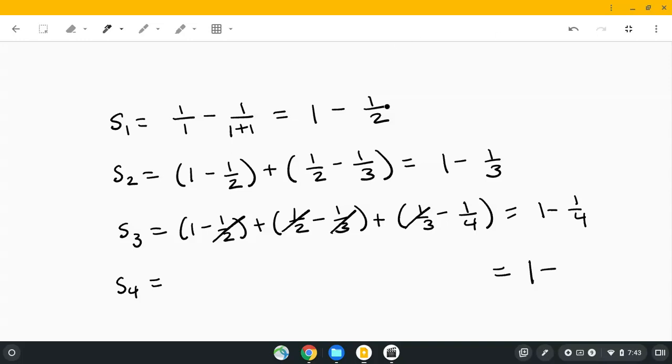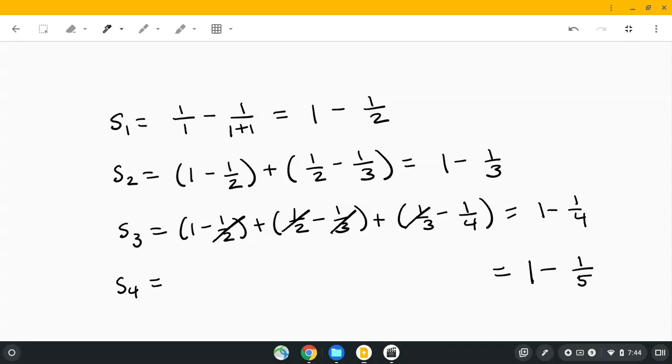Good. 1 minus what? 1/. Good. And what number do you think will go here? When we plug in 1, we get 2. 2, we get 3. 3, we get 4. So when you plug in 4, what do you think we'll get? If you said 5, excellent. So that is actually what we would get.